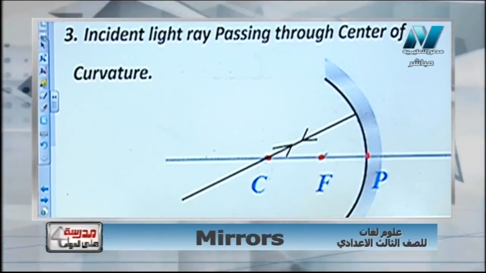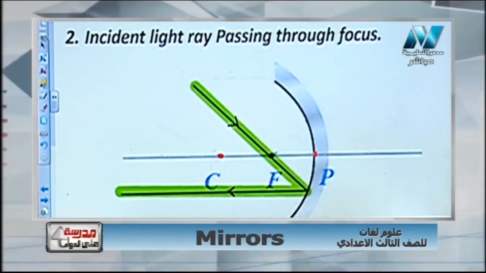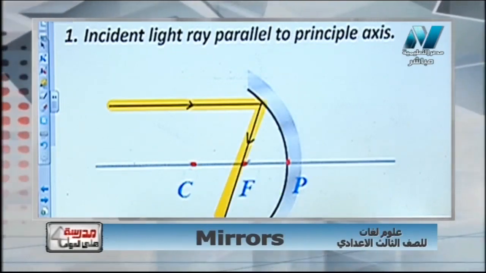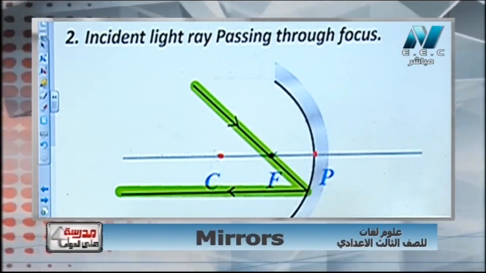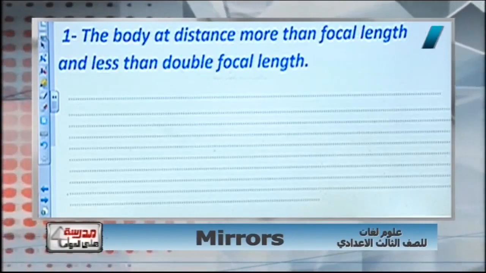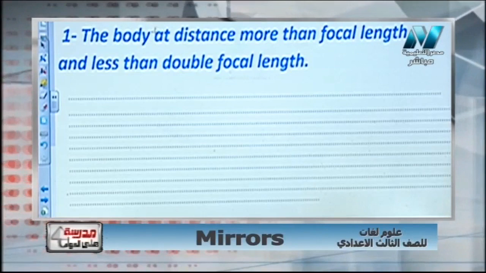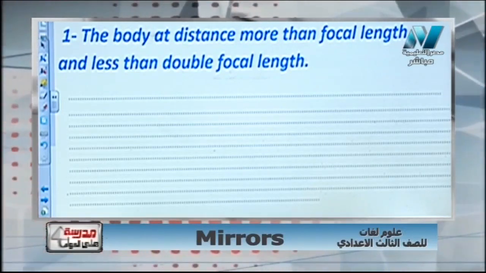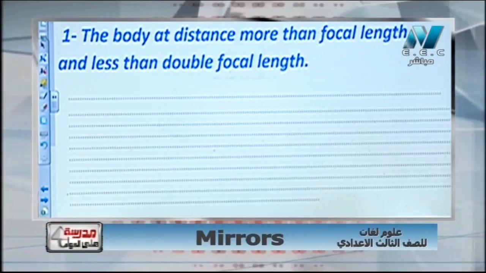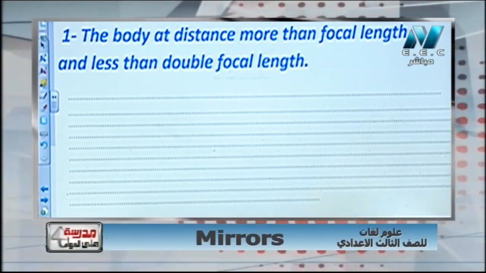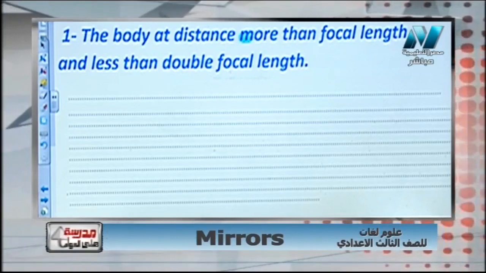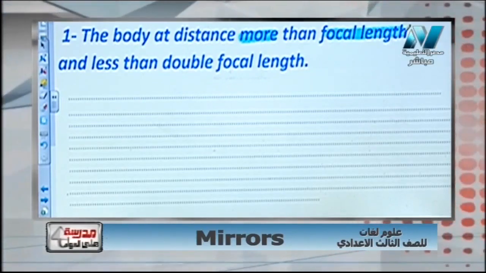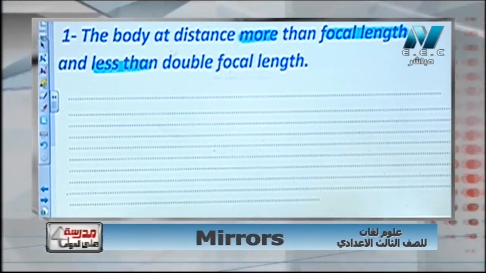So how can we use rule number 3, rule number 2, and rule number 1 to deal with the image? How can we deal with the object to draw the image? First, we have a body at a distance more than the focal length and less than double the focal length.